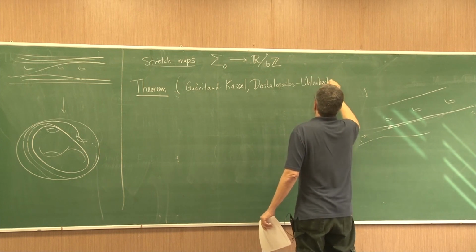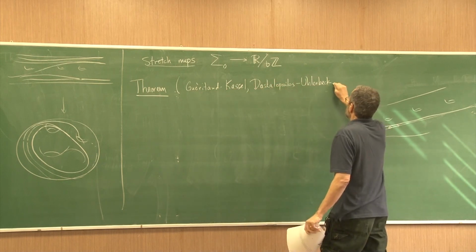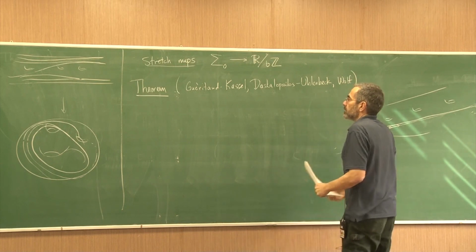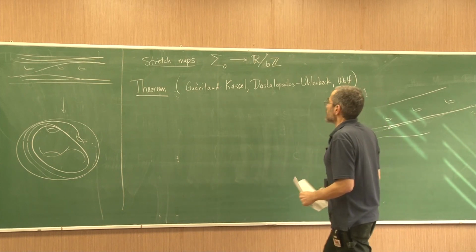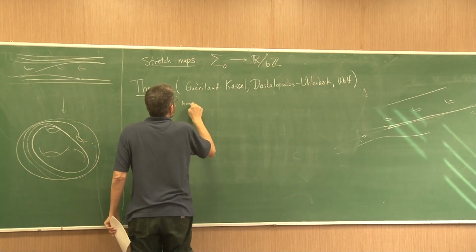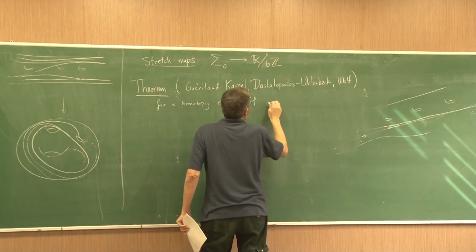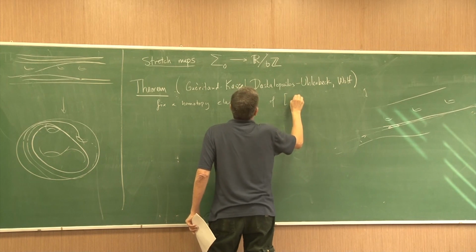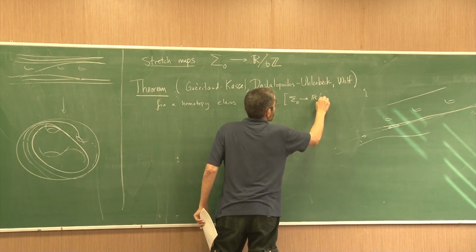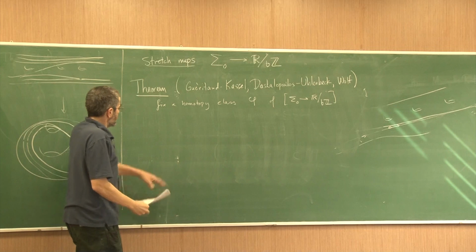So this is a more synthetic geometric kind of approach, and this is a more analytic approach. And I think there's also something by Wolf on this subject. It says the following: fix a homotopy class phi of maps from sigma 0 to the circle.